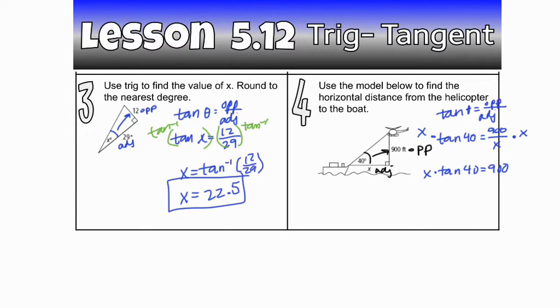And then I'm going to divide by the tangent of 40 on each side. Basically, remember, we talked about this, it's like x and the tangent or cosine or sine switch places. But switch places is not a mathematical term, so you can't technically say that. So the x is going to be 900 divided by the tangent of 40.